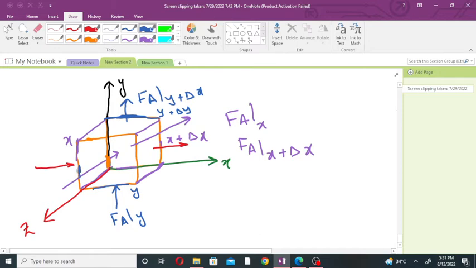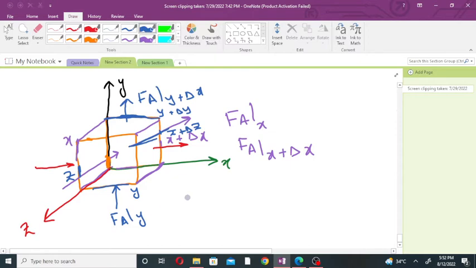Similarly, this is the z, and this side is the z plus delta z.